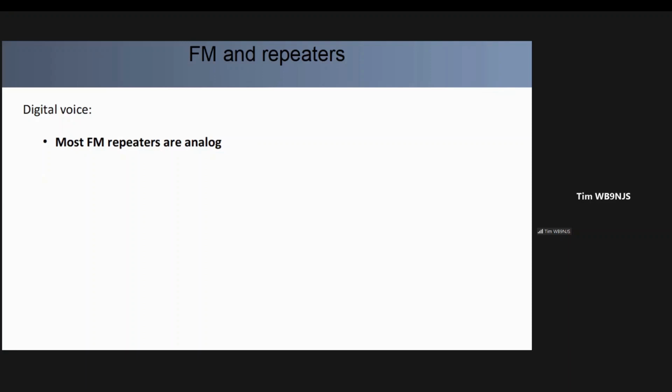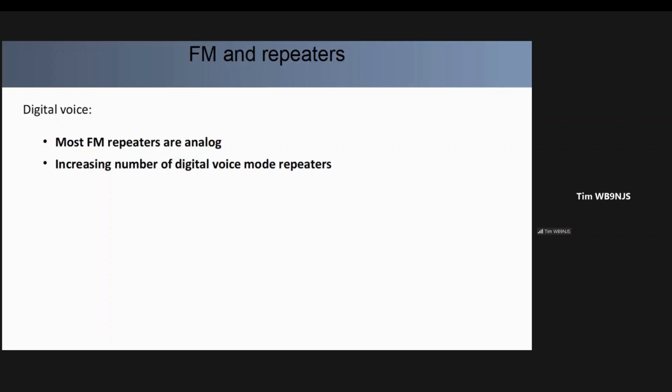So most FM, frequency modulated, repeaters are analog, and that's where the carrier frequency is modulated, or changed, in direct response to the audio waveform of your voice. But there is an increasing number of digital repeaters on the air.